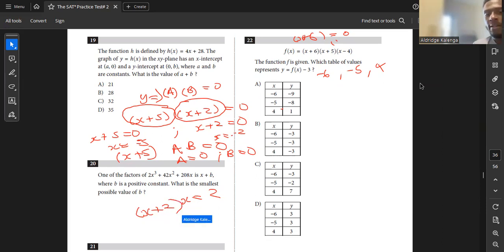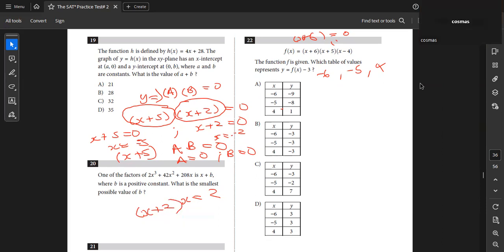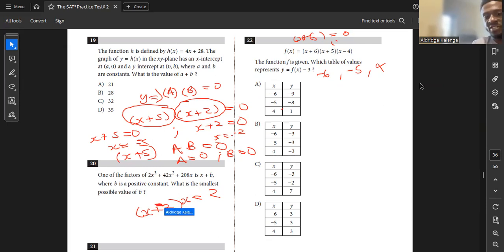Have you noticed that? For you to get +2, the factor was x minus 2. So in this particular case, the factors are: we have negative, negative, positive, and you have positive, positive, negative.